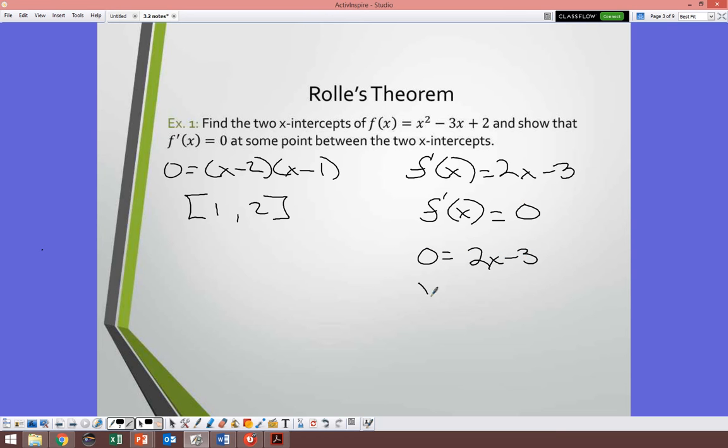So x is 3 halves, 3 divided by 2. So what does that mean? At 3 halves, which is in between here, my slope is going to be equal to 0. That's what I'm trying to get at. Does that make sense? It's just application. So this one is Rolle's theorem.